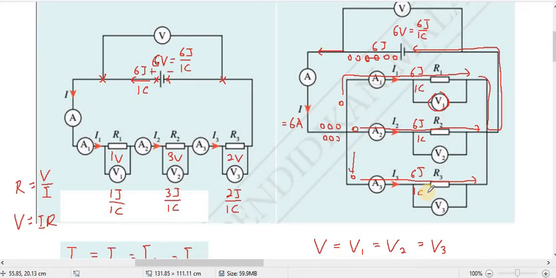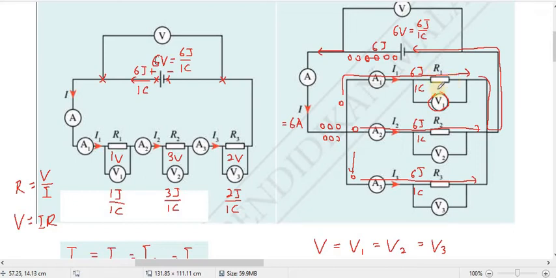Depends on the resistance. Let's say that all these three have the same resistance. If R1, R2, R3 all have the same resistance, then every 1 second, the number of charge that can pass through is the same.